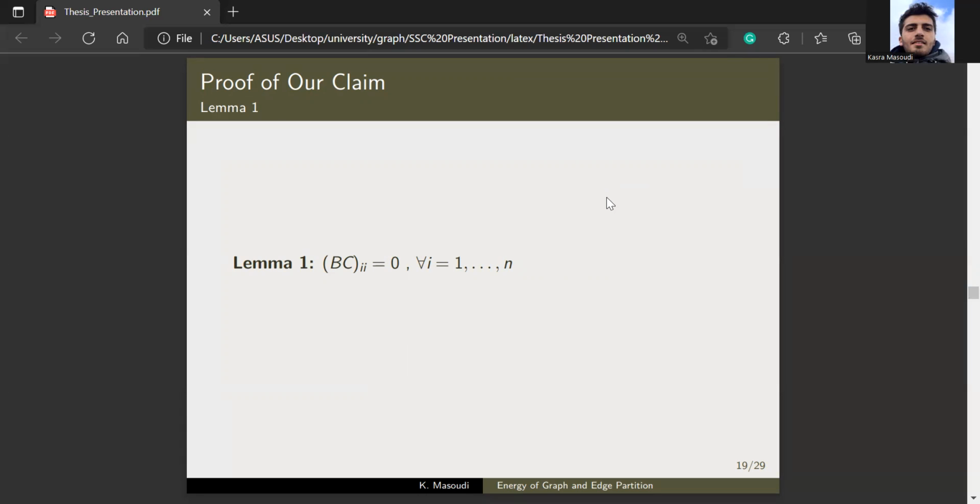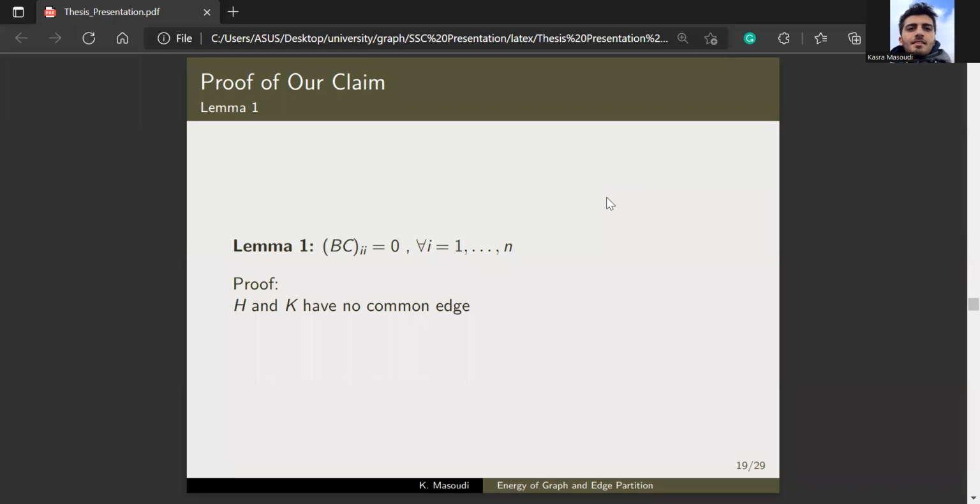Okay. This lemma is kind of a new observation, and it's a key step in our proof. It says that all diagonal entries of BC must be equal to 0. Since H and K are an edge partition, they have no common edge.